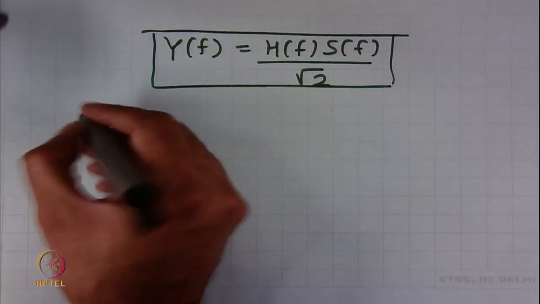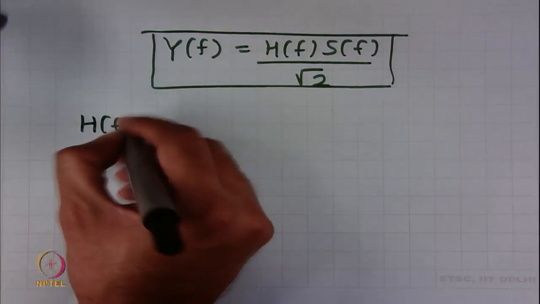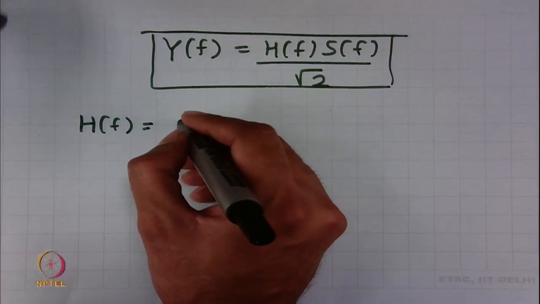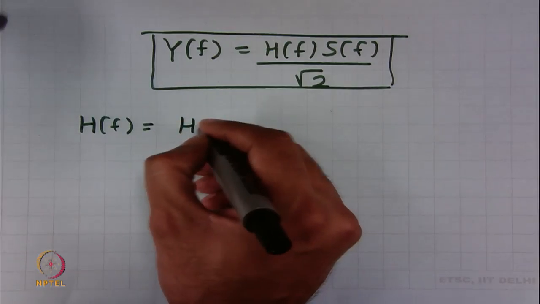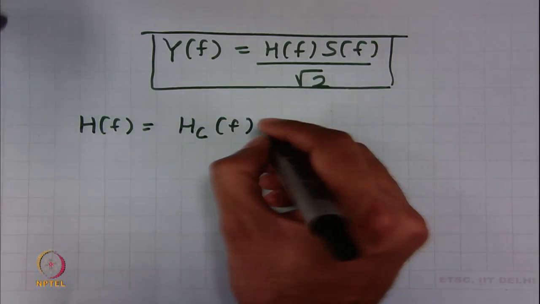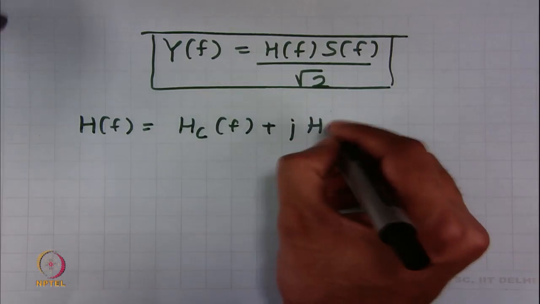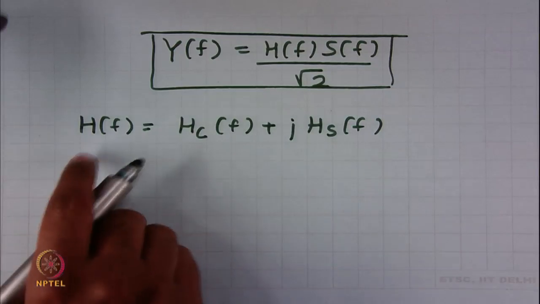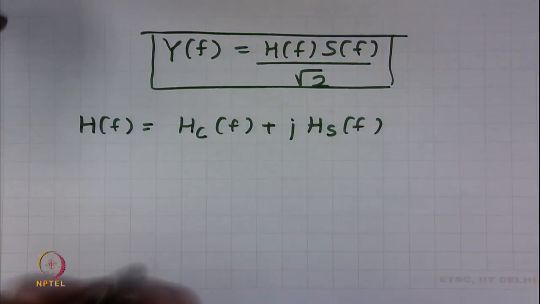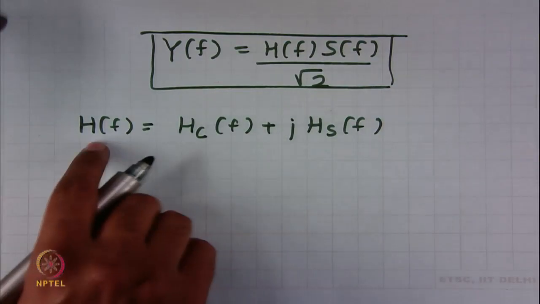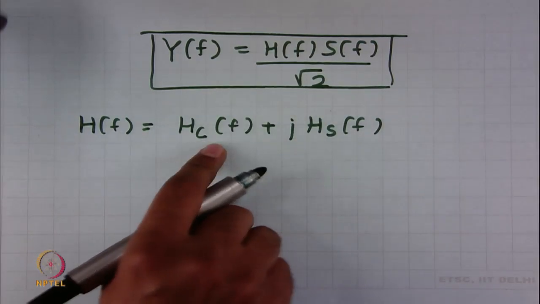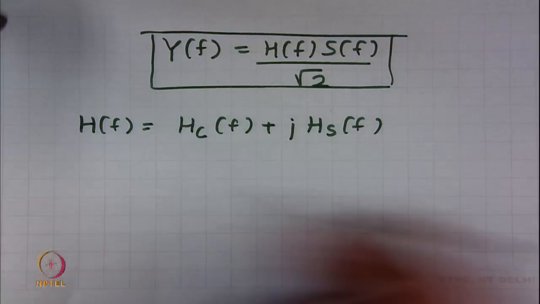So, H(f) we can write as the spectrum of H_c(f) plus j times H_s(f). Remember that when we are talking about the baseband signal, it is composed of two parts, the cosine part and the sine part, and the spectrum of H(f) would be the spectrum of the cosine part and the spectrum of the sine part.